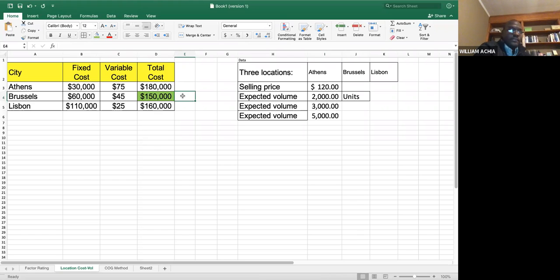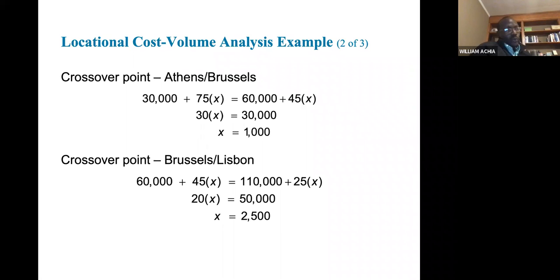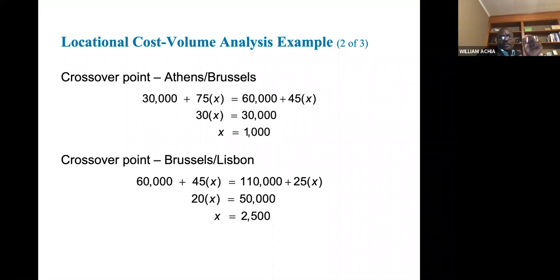This brings us to a break-even analysis approach, where we have to calculate what we call the crossover point. We start off with Brussels being what seems to be ideal, but is there a production point where Athens becomes more appealing, or a point where Lisbon becomes more appealing?